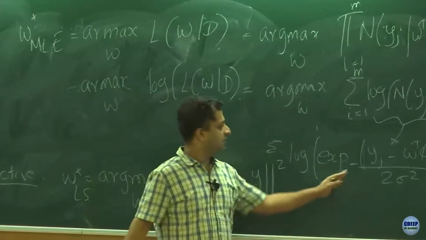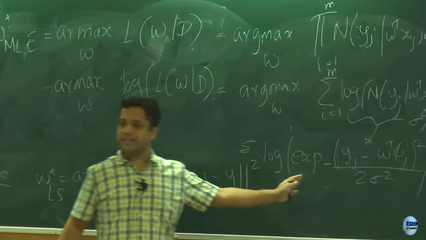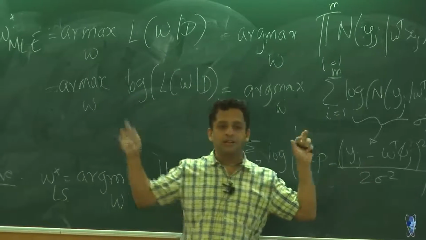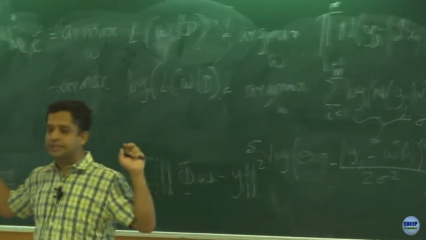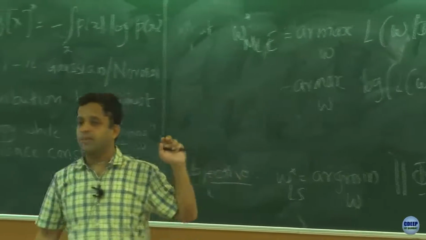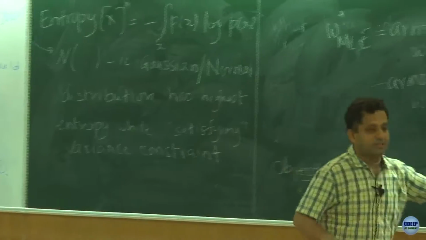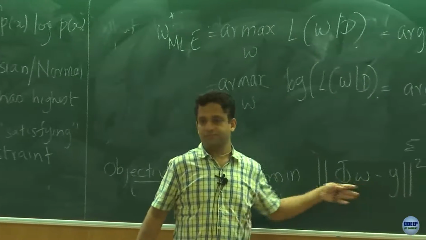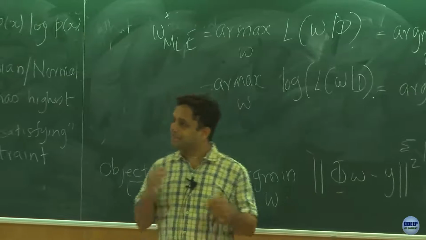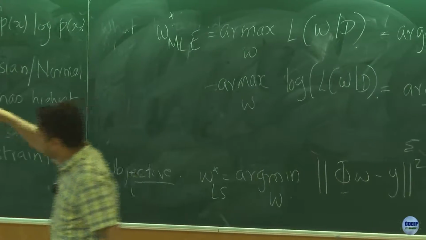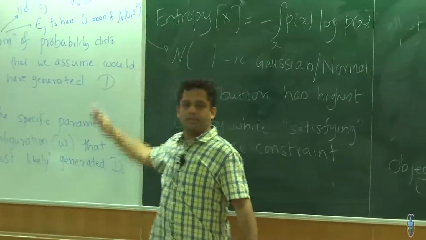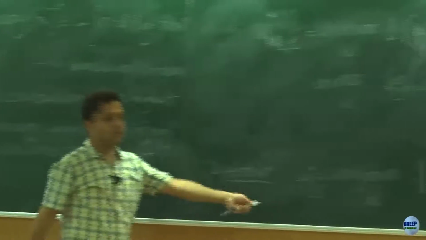What will happen? We will basically get a summation of yj minus w transpose phi xj squared, and that will exactly turn out to be this form. Okay, so the maximum likelihood estimate under these assumptions will be the same as the least squares estimate.